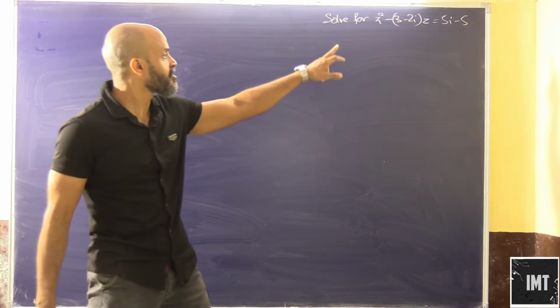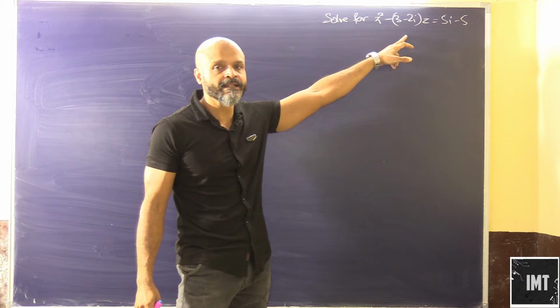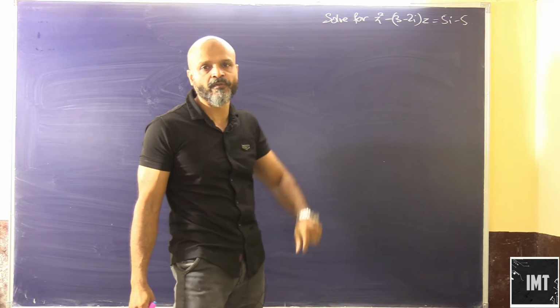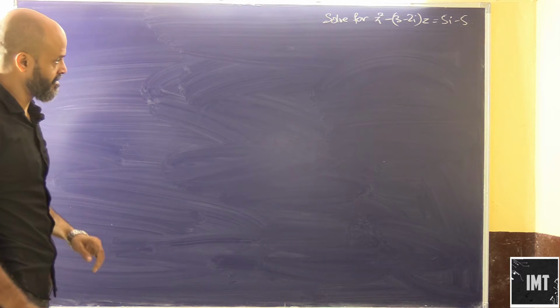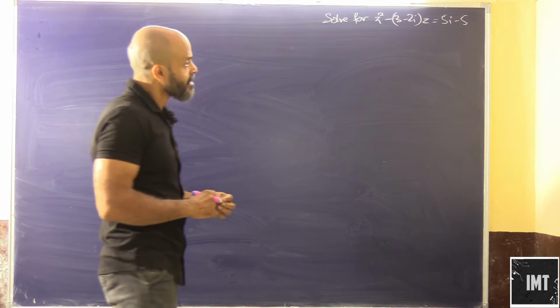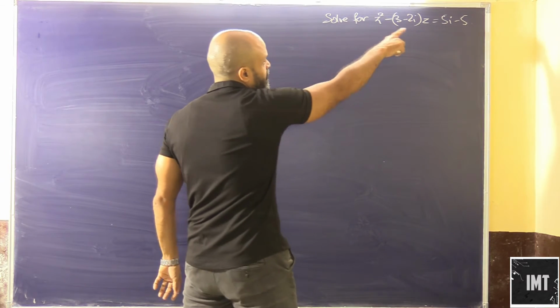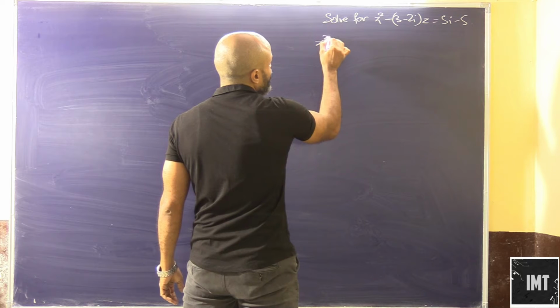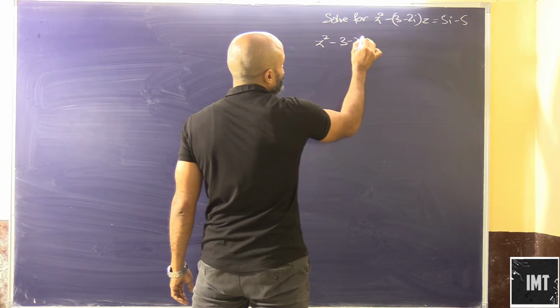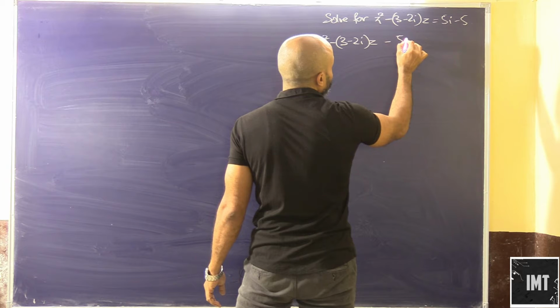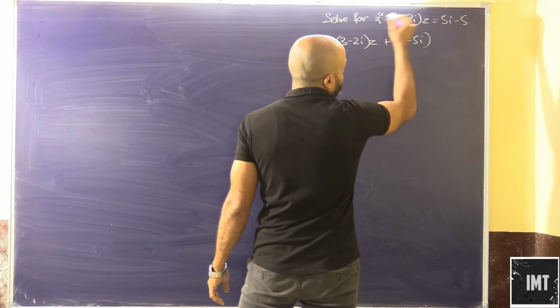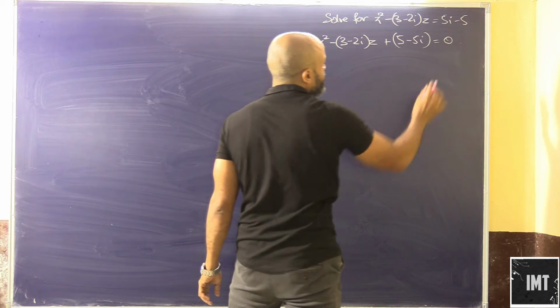Okay, we have here: solve for z, z square minus (3 minus 2i) into z is equal to 5i minus 5. So how do we do this? If we take this equation, this will be z square minus (3 minus 2i) into z plus 5 minus 5i, transposing these terms here.